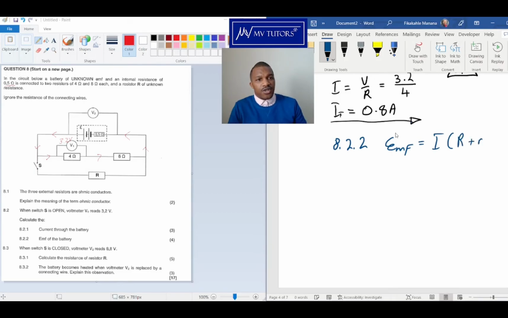The battery has an internal resistance as well, so it's not just the total resistance. Okay, so current, we've just solved it to be 0.8. Resistance, the total resistance in series is 4 plus 8, so we got 4 ohms plus the 8 one, and then we're going to add the internal resistance of 0.5, which we've been given over that side, 0.5.